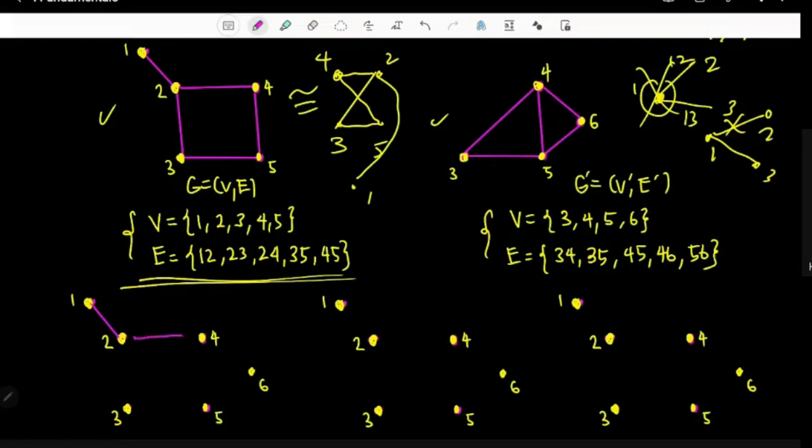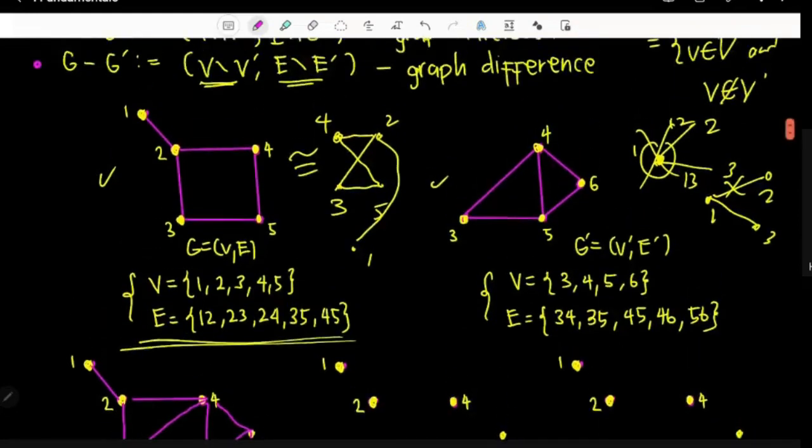On 2, 4, on 2, 3, on 3, 5, on 4, 5, on 5, 6. Sorry. Kung yung graph G pa lang pinag-uusapan, yan pa lang yung graph G. And then you union it with the edges in G prime. So meron tayong 3, 4, 3, 5 andito na, 4, 5, 4, 6, and 5, 6. Alright? So that's your union.